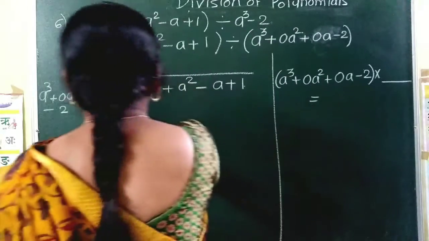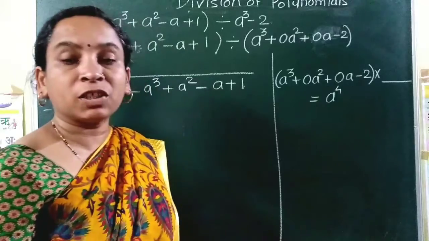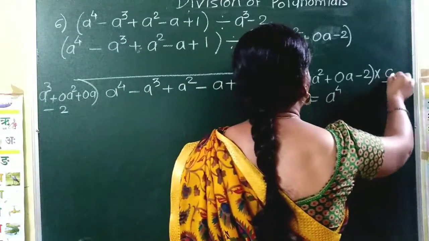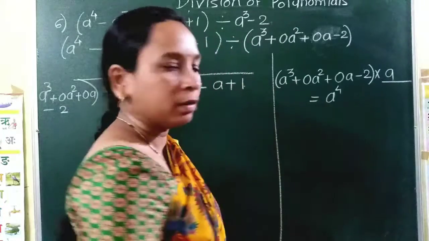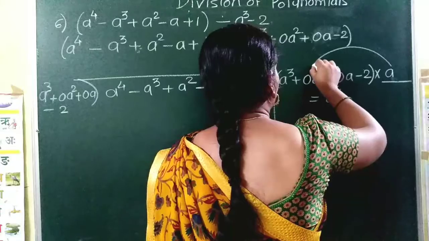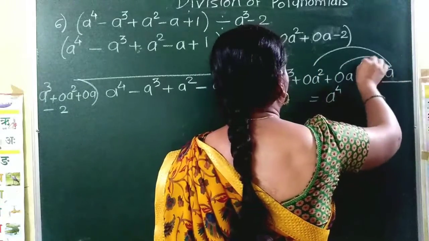the a raised to 4. Now by which factor I have to multiply? Here a cube, so here a raised to 4, so I should multiply this by a. Then if I multiply this by a, so I'll get the answer a raised to 4. I will multiply now with the remaining term.